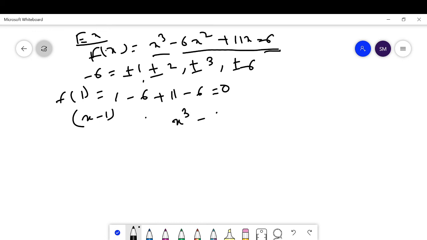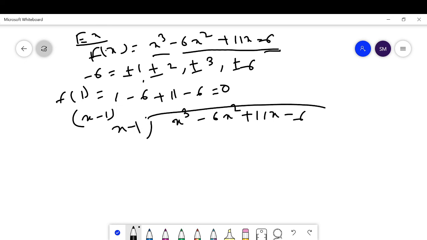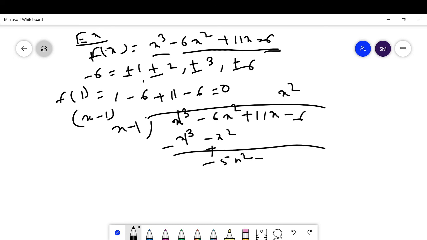We get x square. This is x cube minus x square, and then minus 5x square plus 11x minus 6.